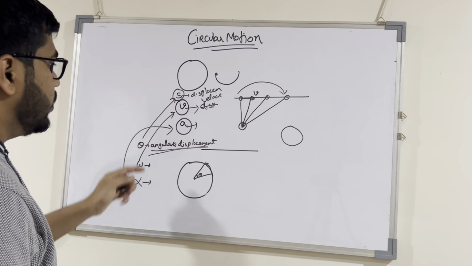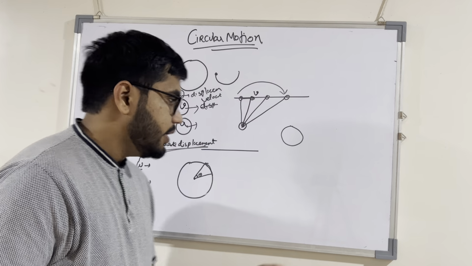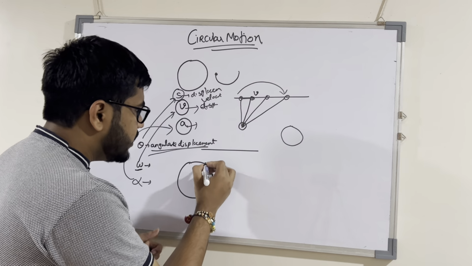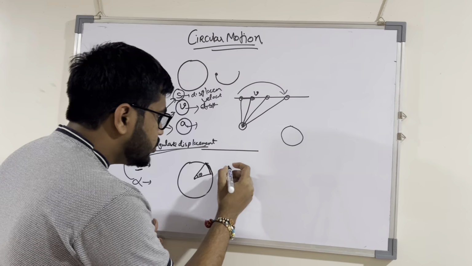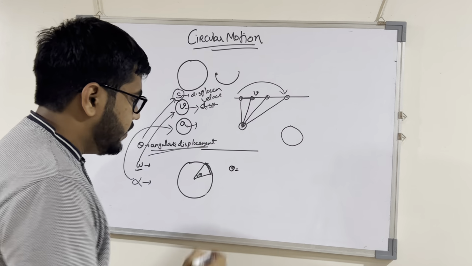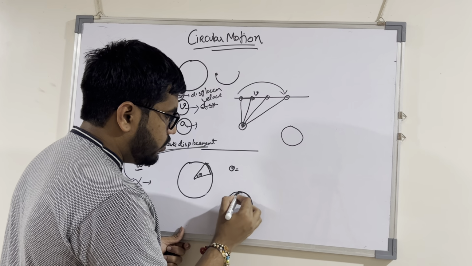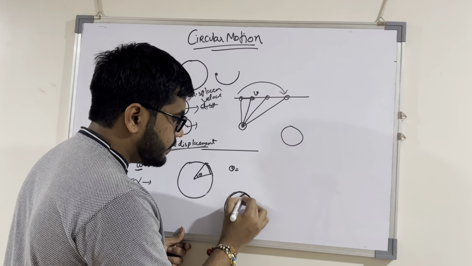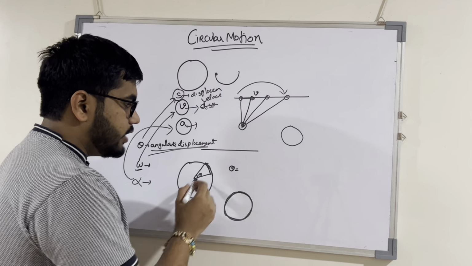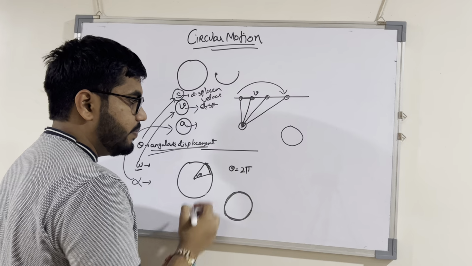So you can correlate the two, how circular motion works and how linear motion works. Break it down, right? If a person takes an entire round of the circle, what is the angular displacement? What is the angle the person will move? The angle the person will move is 2 pi, right?